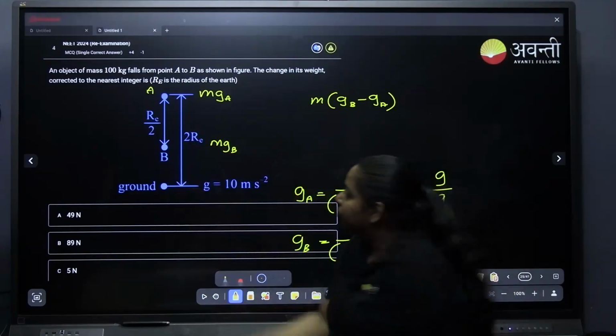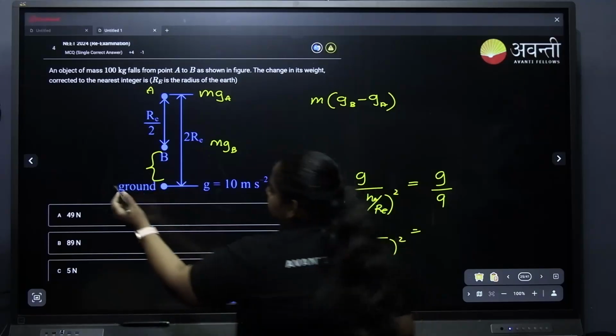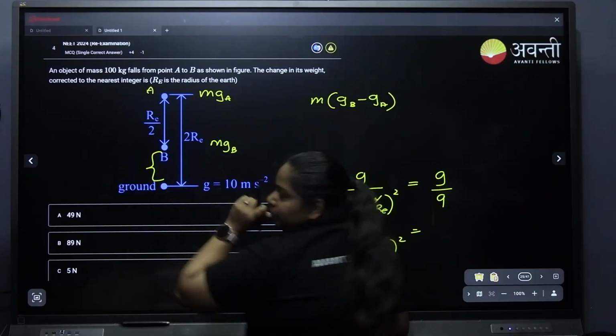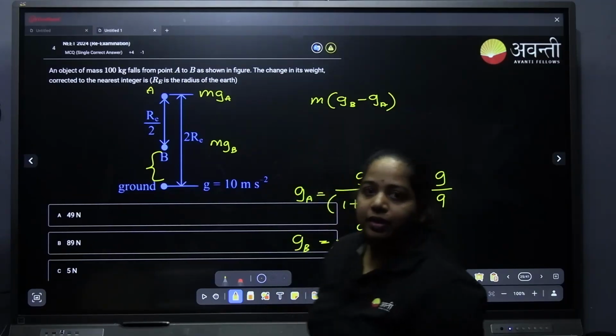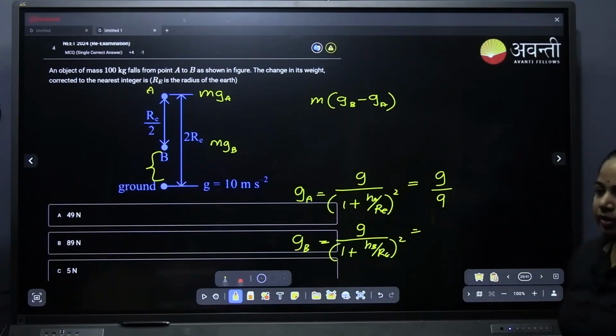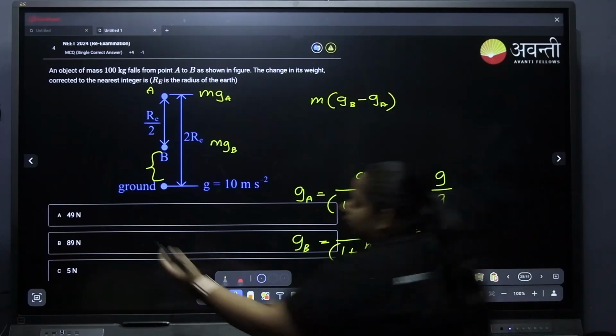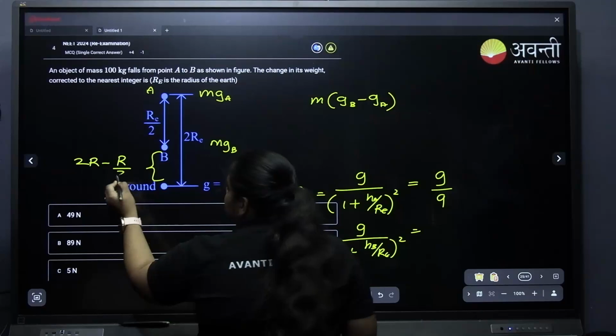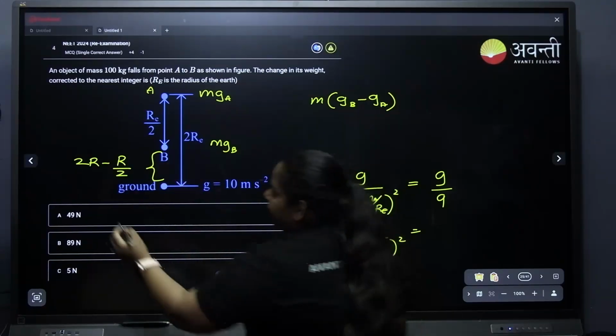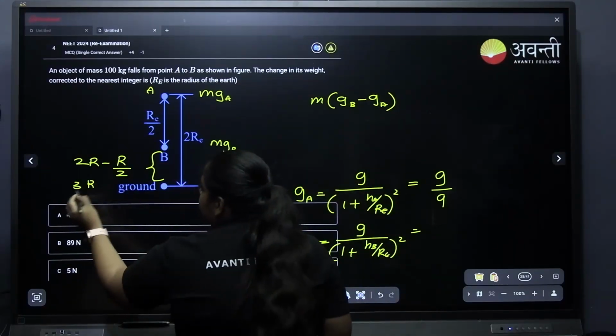So from B to the ground, this distance will be 2R minus R by 2, which is equal to 3R by 2.